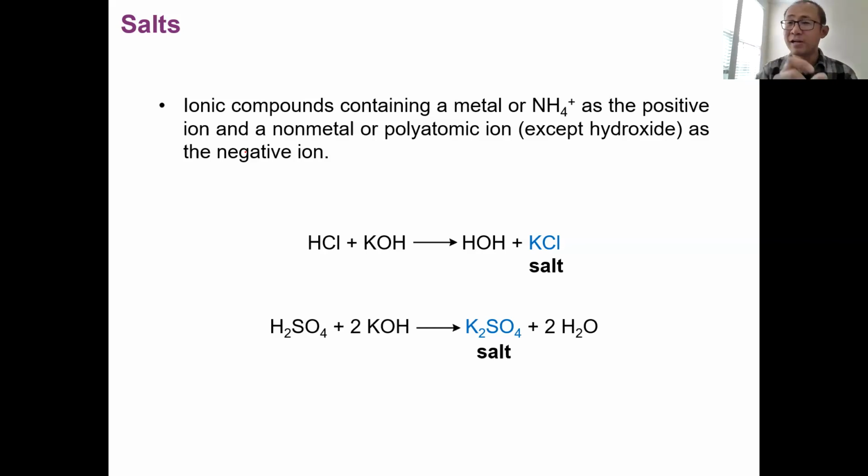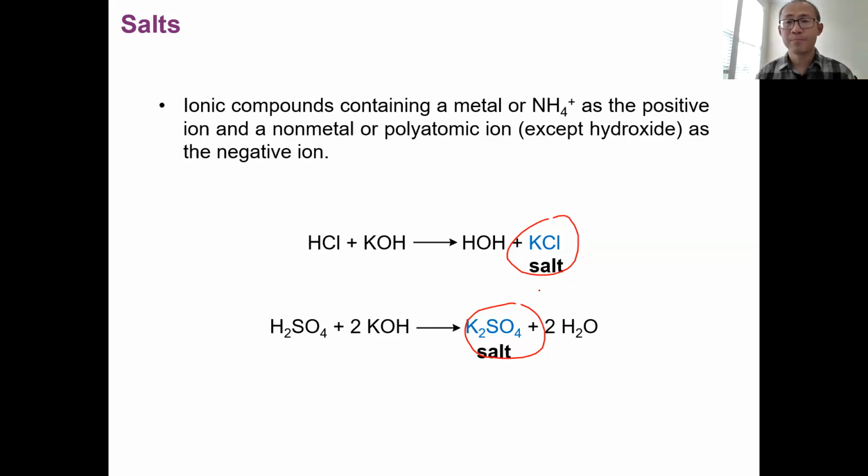As long as you have a metal or ammonium as the positive ion, and a non-metal or polyatomic ion as the negative ion, you get an ionic compound, except hydroxide. Of course, hydroxide is a base. So these compounds are all called salts.